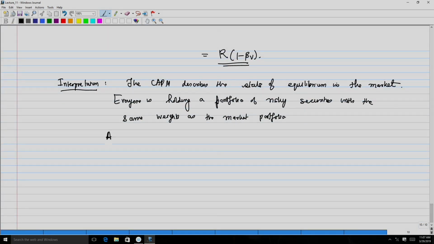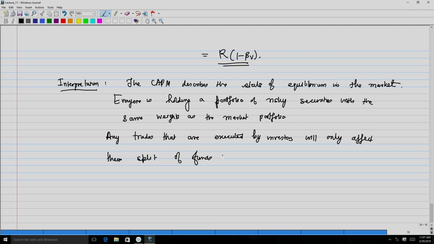and any trades that are executed by investors will only affect their split of funds between the risk free security and the market portfolio.